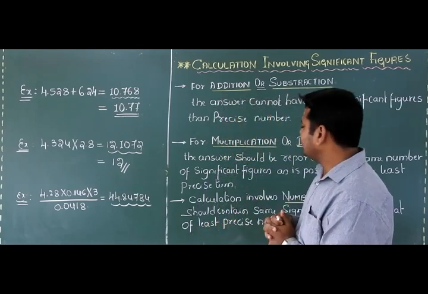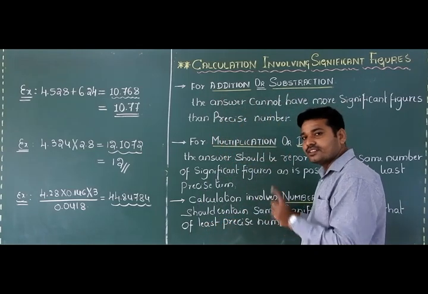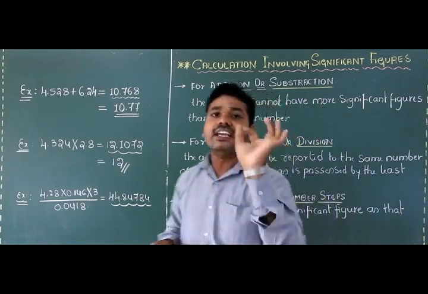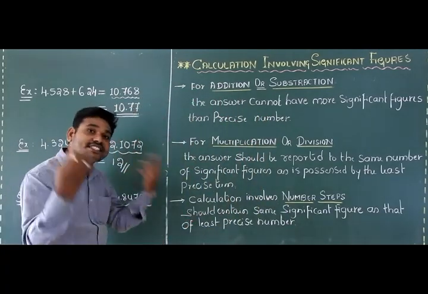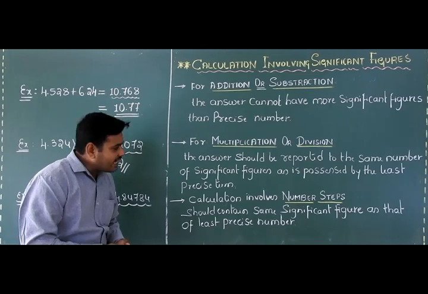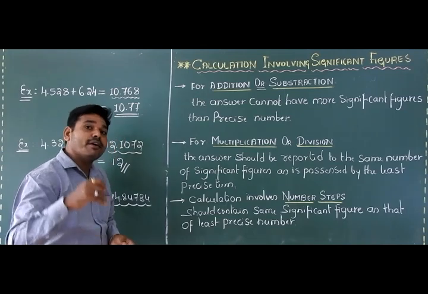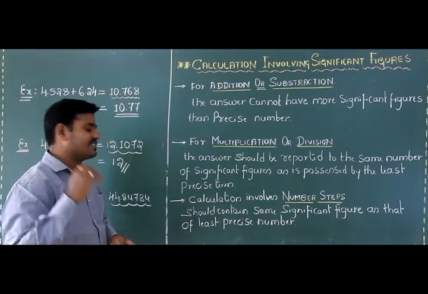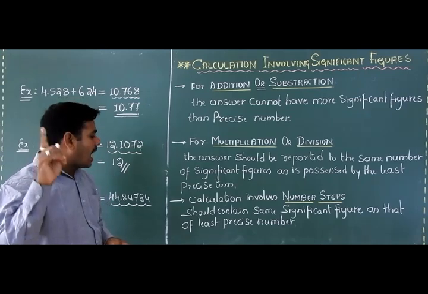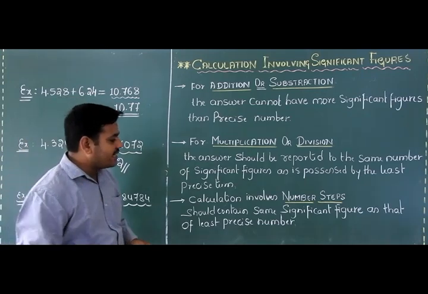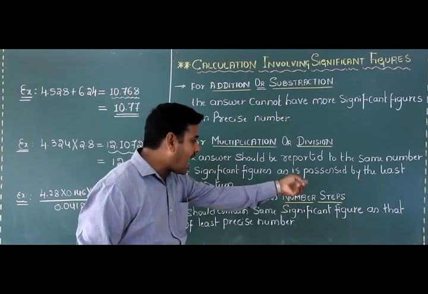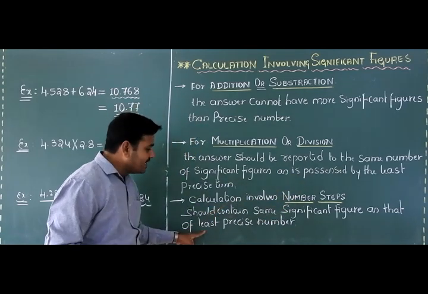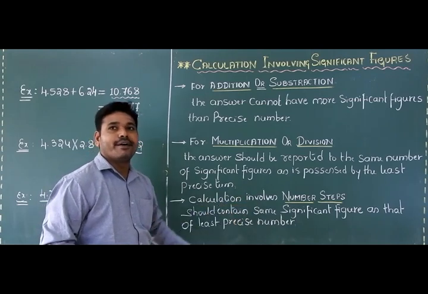And now the third important condition is, if the calculation involves a series of steps, if the calculation involves a number of steps, in such cases always the answer should contain the same number of significant figures as that of the least precise number.